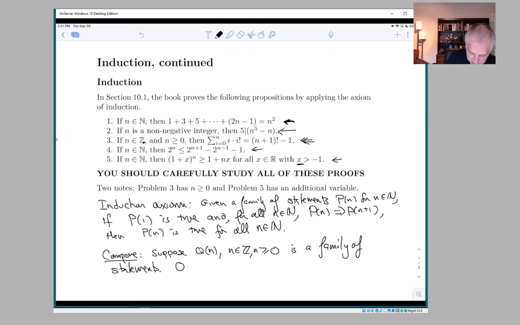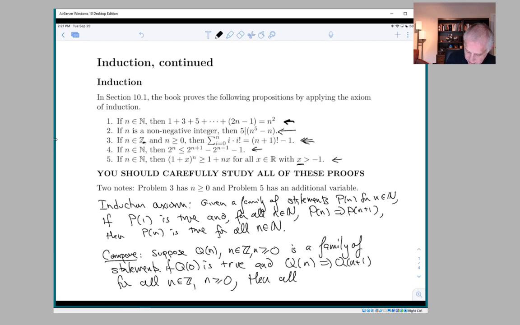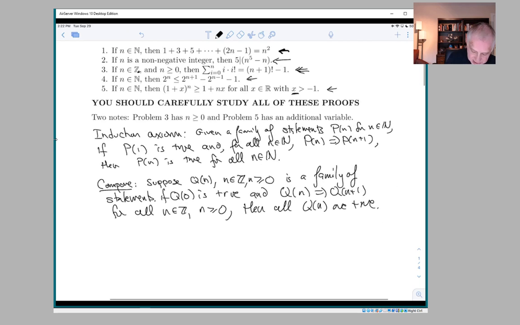And suppose Q of 0 is true and Q of n implies Q of n plus 1 for all n in Z, n bigger than or equal to 0. Then all Q of n are true.